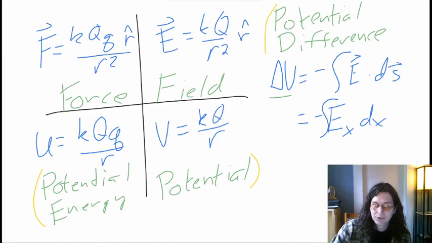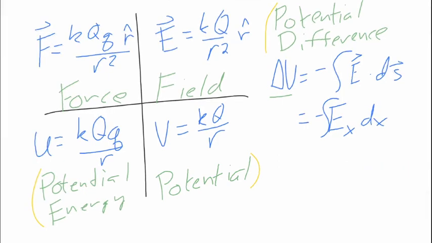And cool. So in light of that, I also want to mention that there's one other name that you will see for potential difference, and that is what is called the voltage. So I'm going to go ahead and write it down here. You'll also hear this called the voltage, and as promised, this is going to be the term or the concept that we carry forward with us into the next few weeks as we start to assemble circuits.